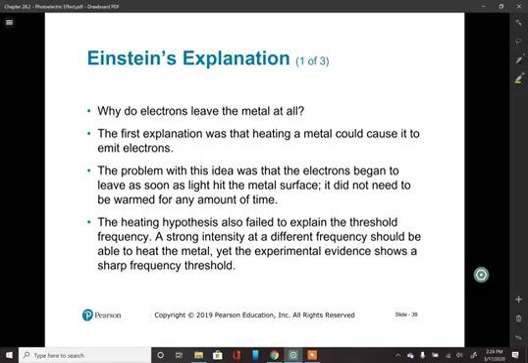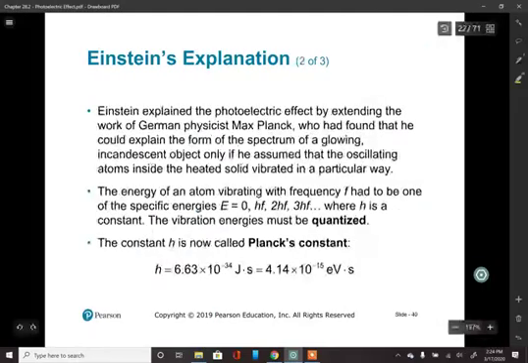And this took Albert Einstein to explain. Actually, not just Einstein, but a synthesis of some other ideas that applied to this. So Einstein's explanation of the photoelectric effect was to say that energy had to relate to frequency.